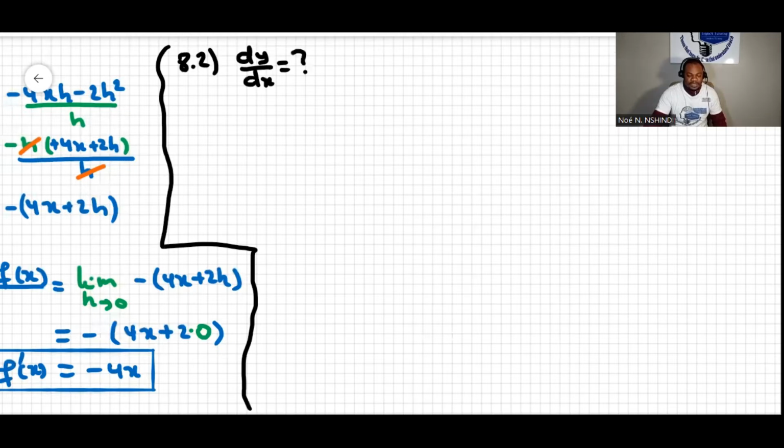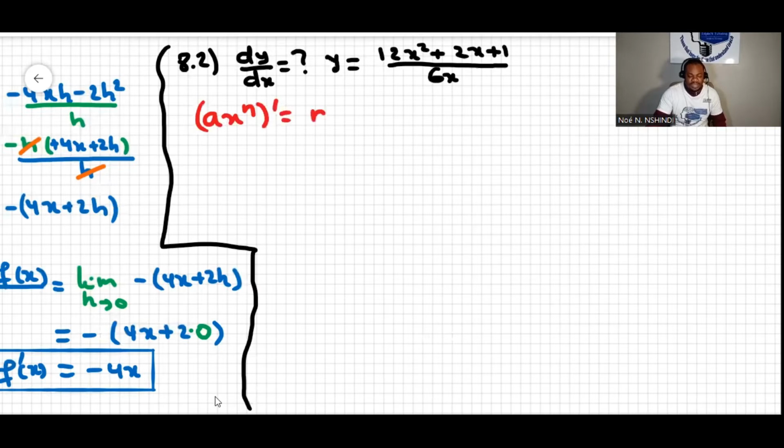Okay, and then y is given by 12x squared plus 2x plus 1 all over 6x. So we do know that the derivative function, the terms in the derivative, will be calculated as n times a times x to the power of n minus 1.